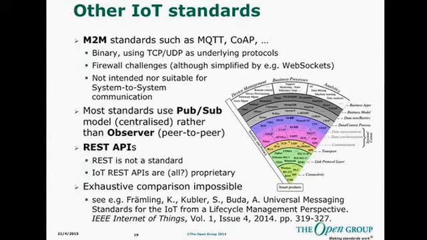But the main thing is that these protocols are not really intended nor suitable for system-to-system communication in the sense that I showed you earlier, meaning weather forecast services, and so on.